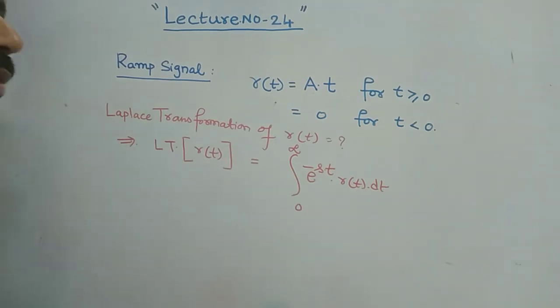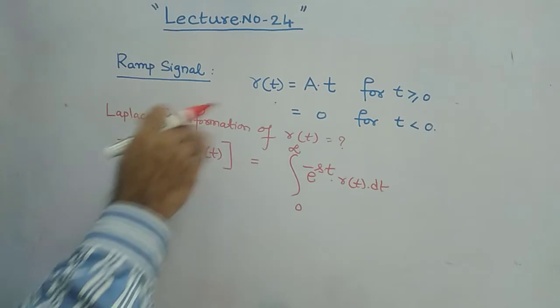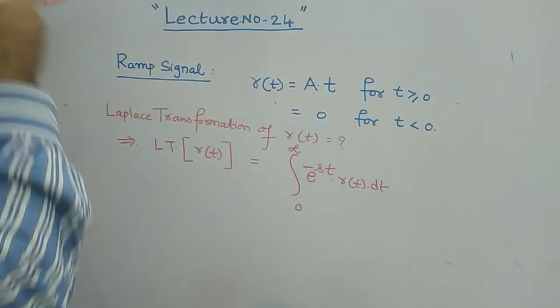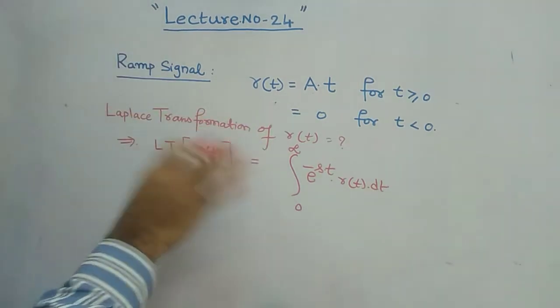This is the standard definition of a Laplace transformation. And if you see from the mathematical background, there are certain important properties of this Laplace transformation. Those I will explain at a later stage, because it is not a mathematical subject. So here we will concentrate only on the required information.